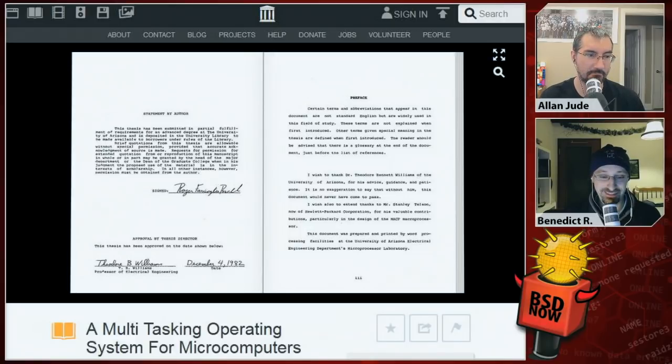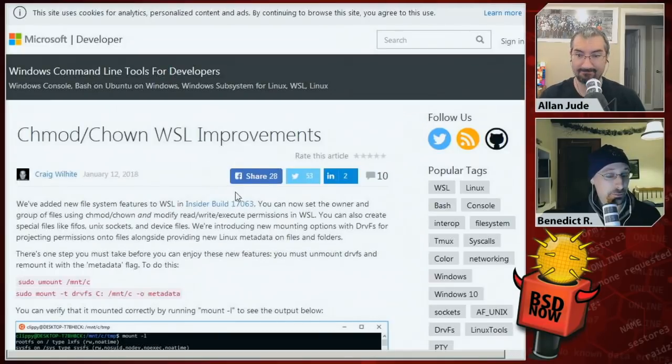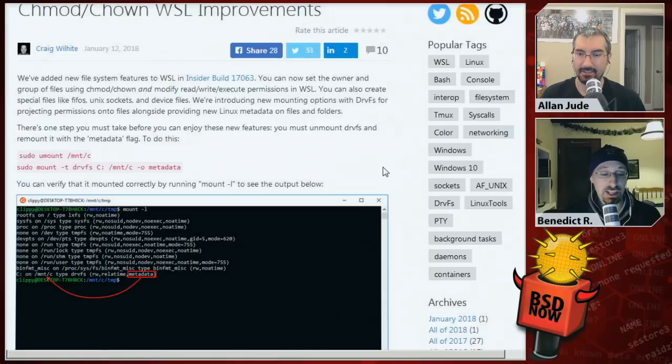Seems very interesting. Okay. Even more interesting is our next item, which is for the Unix graybeards that are laughing right now because Windows is getting chmod and chown. Yep, you heard that right. The Windows Subsystem for Linux Insider Build 17063 now has this metadata feature when you mount a file system, such that you can actually chown and chmod a file on Windows.